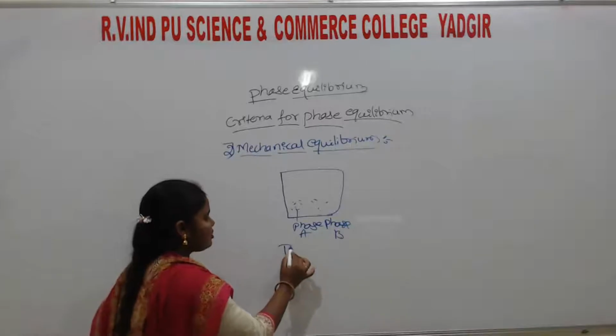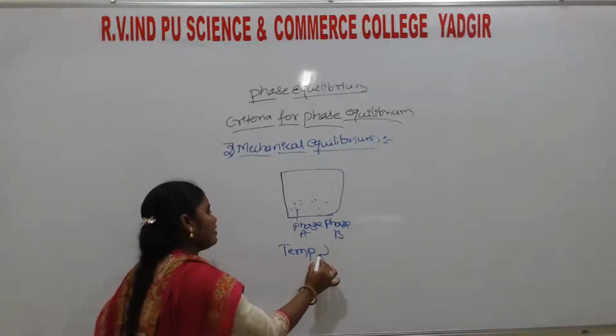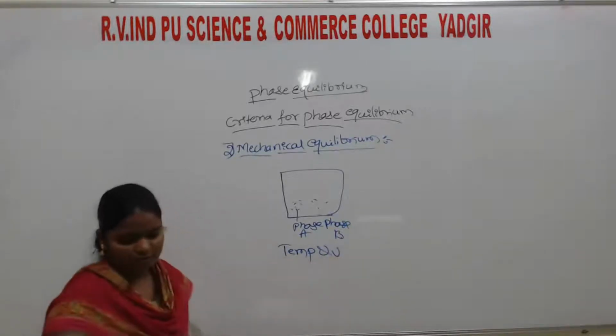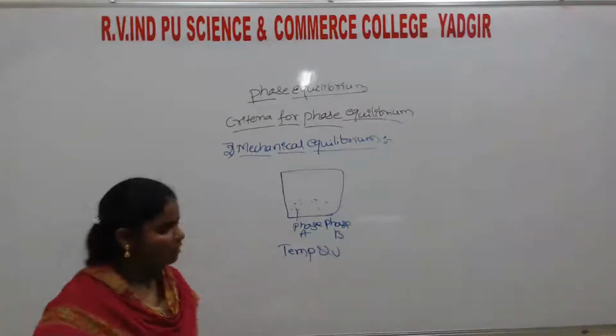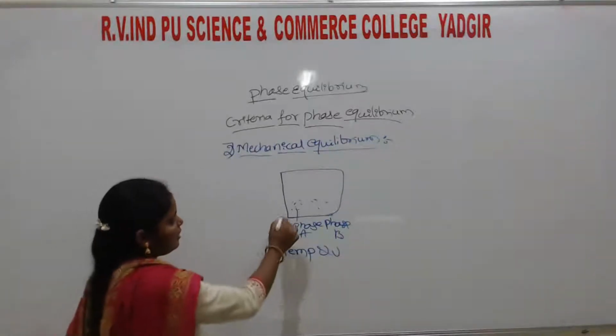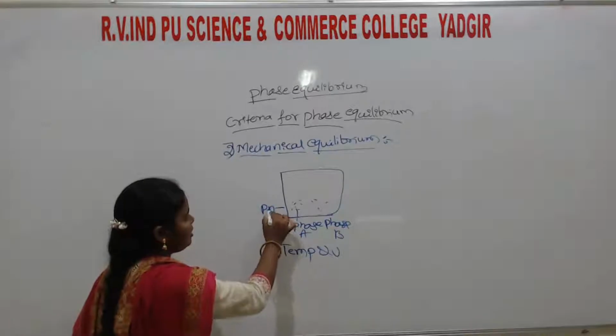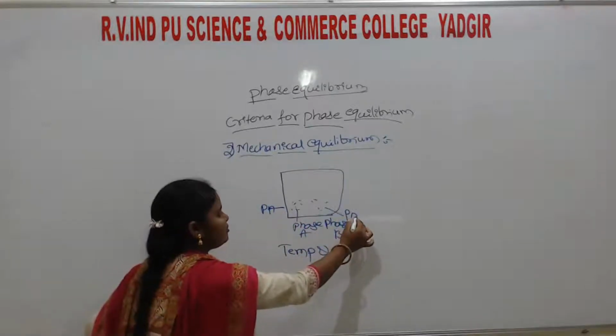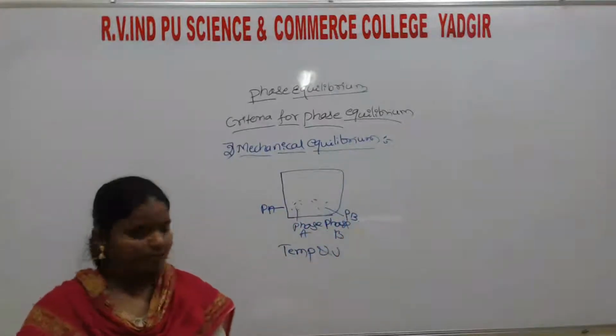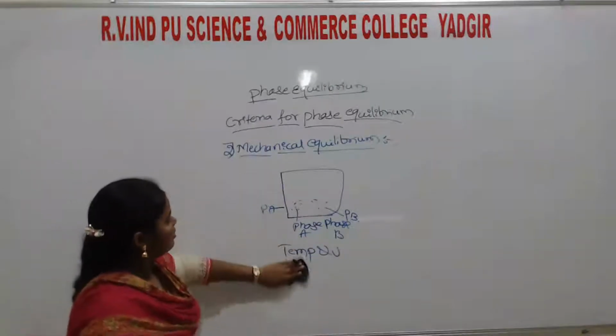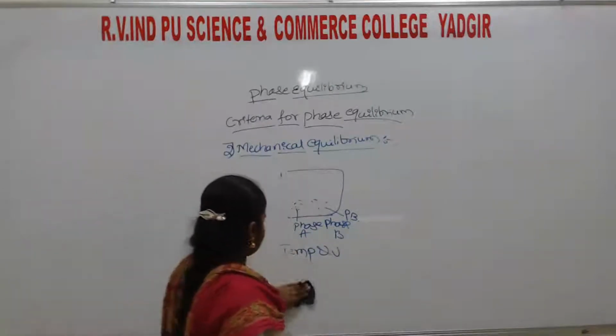Here temperature is constant and volume is constant. In yesterday's class I took PA and PB, the pressures of the phases.